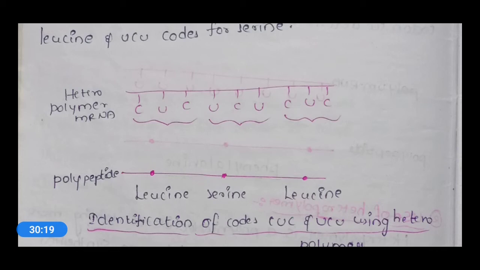Here two more amino acids: CUC for leucine and UCU for serine. So till now we have 3 plus 2, that is 5 amino acid triplet codon sequences.